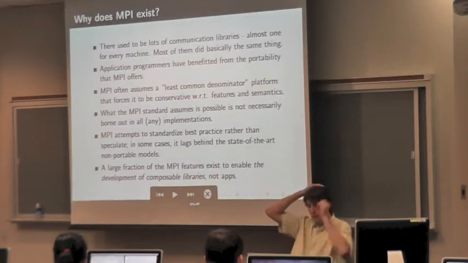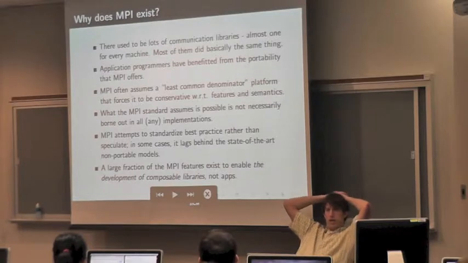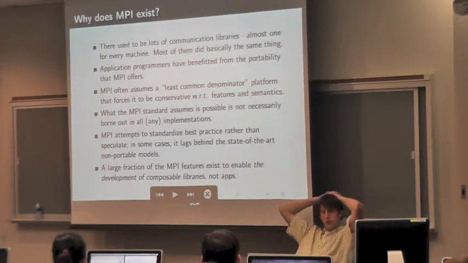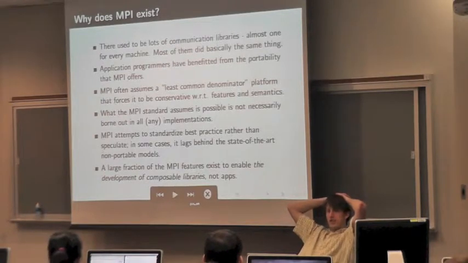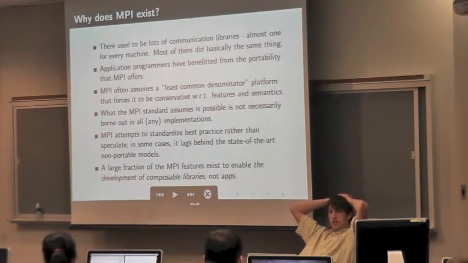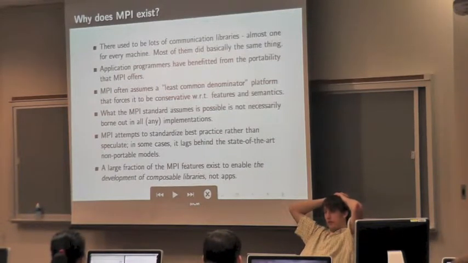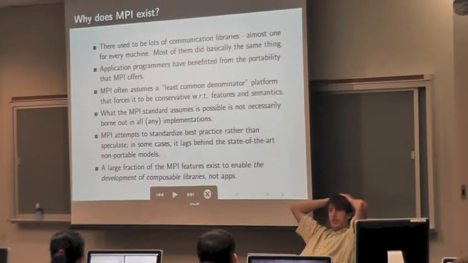Okay, so why does MPI exist? I have 2 or 3 books with me, one of which is a book from 1994 on parallel computing, and it has a chapter at the end on how to program distributed memory machines, and it goes through all the different APIs that people were using to program distributed memory machines in the 90s. It turns out every single one of those APIs contains a function that has send and receive in the name, but they're all different, and they all have different particularities.